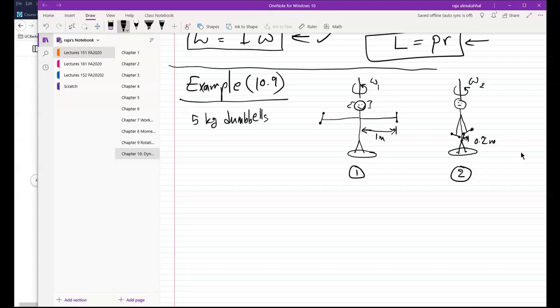And when his arms are outstretched, his omega 1 is 1 revolution per 2 seconds. That's what he said, not me. And he's asking for omega 2.